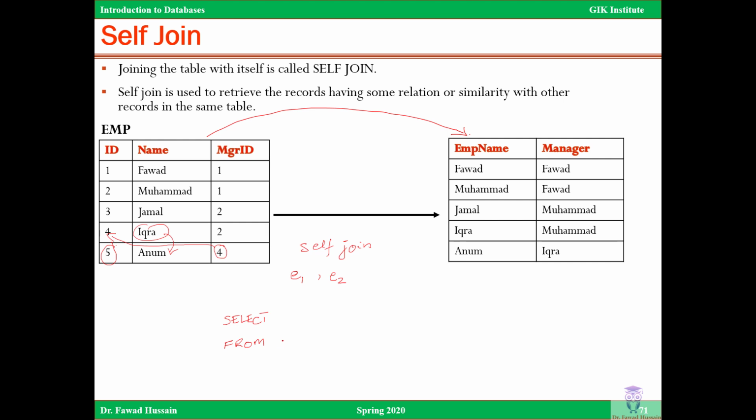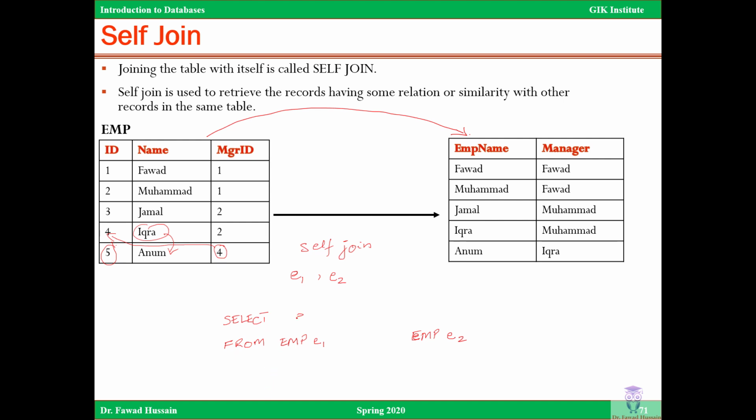To make it easier to understand, let me write employee E1, and I'm going to have another employee E2. These two tables I have left intentionally some gap between because I have to fill it with some other keywords which we'll see in a minute.